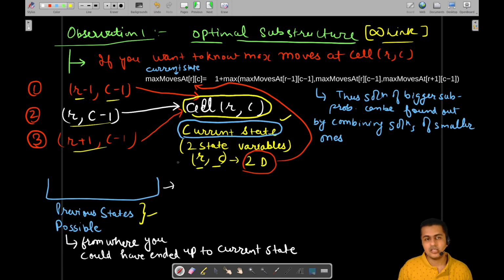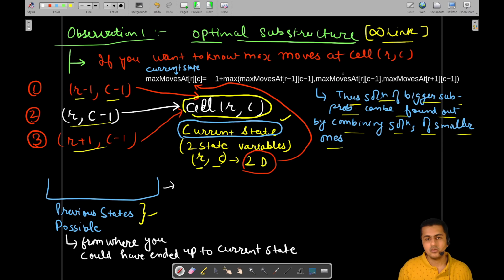But you see that they are dependent. The current solution of a bigger problem is dependent on the solution of the smaller subproblems. So in a way we can say that the solution of a bigger subproblem can be found out by combining the solutions of smaller ones.